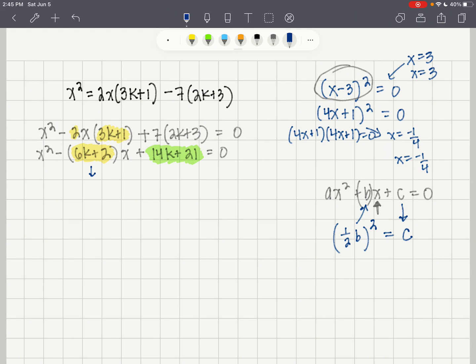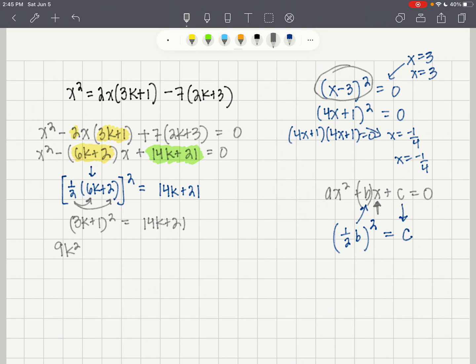I'm going to take half of this term, 6k + 2, and I'm going to square it, and that's going to equal my constant, 14k + 21. So I'll distribute the 1/2 first. I get (3k + 1)² = 14k + 21.